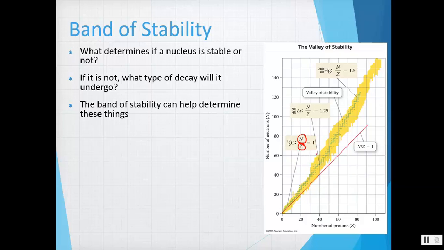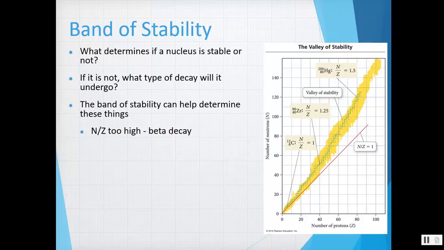However, as the isotopes grow, as the number of protons and neutrons increases, that ratio also increases. So from about 20 to about 60, we can say that it's around 1.25, and then above 60, it's about 1.5.